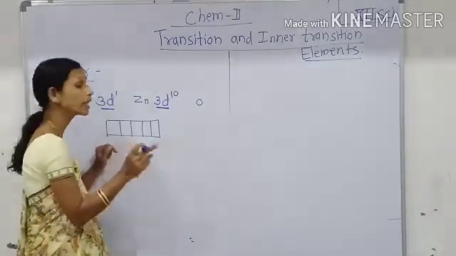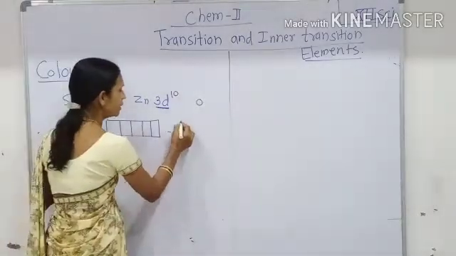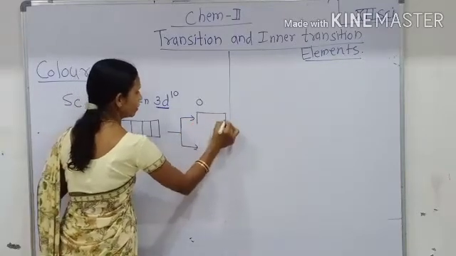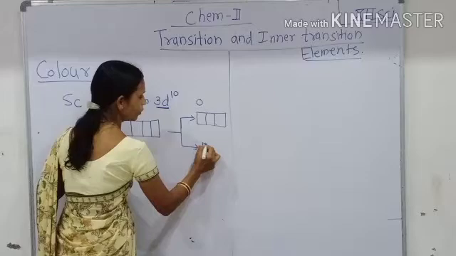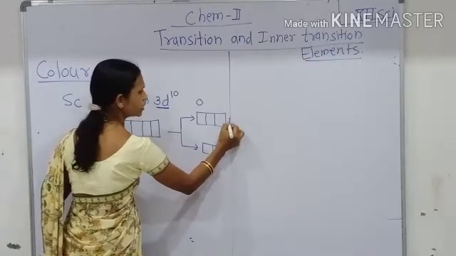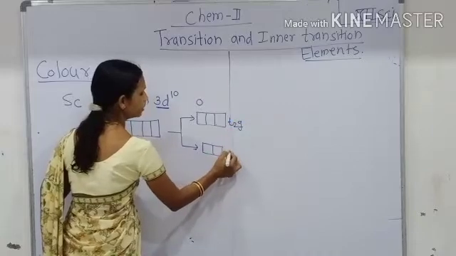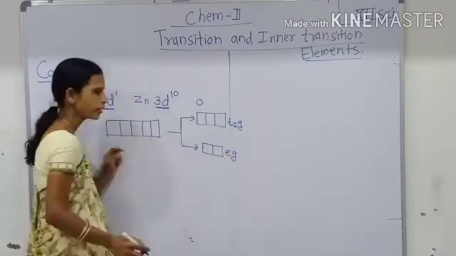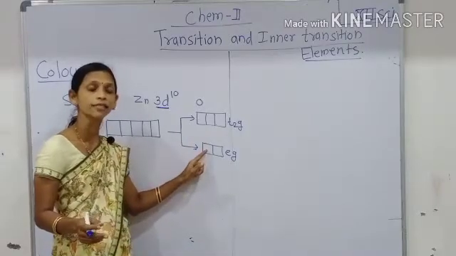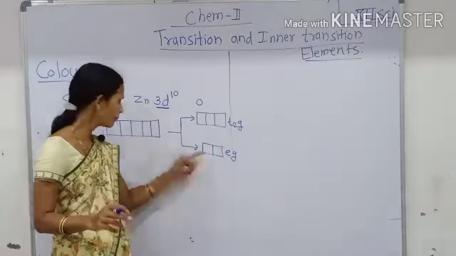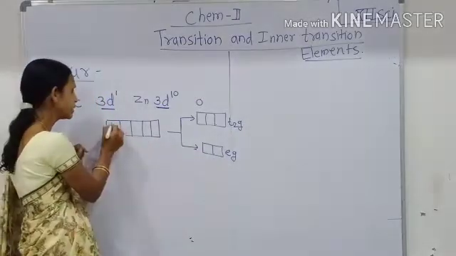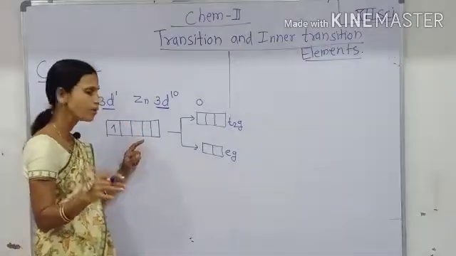That means they get split into two sets, 3 and 2, known as t2g and eg. That means the n-1 d orbitals lose their degeneracy. Before, they were degenerate, having the same energy, and the electrons present in them had the same energy.